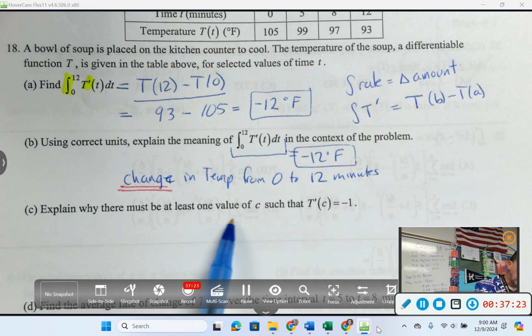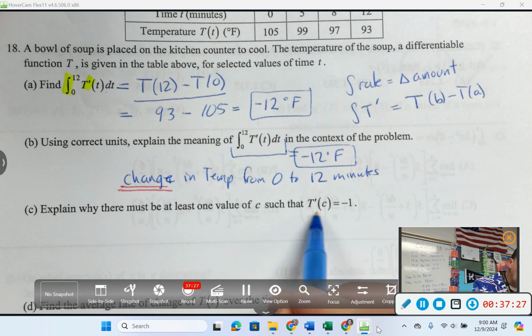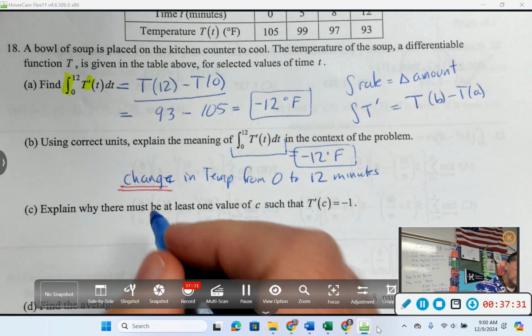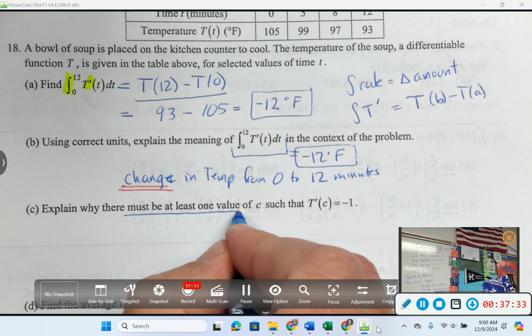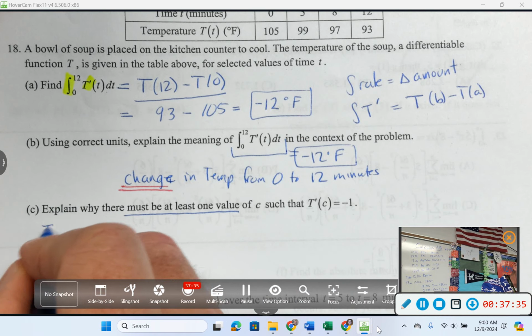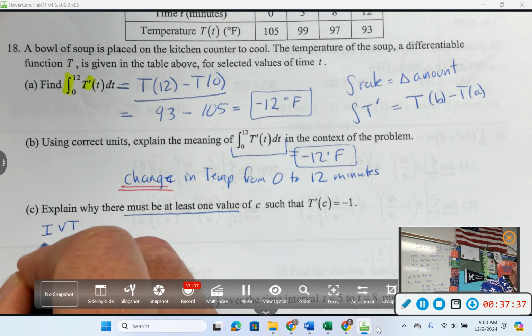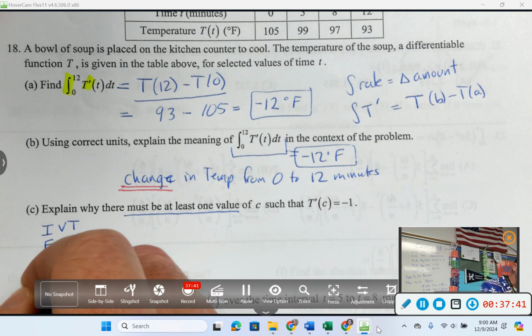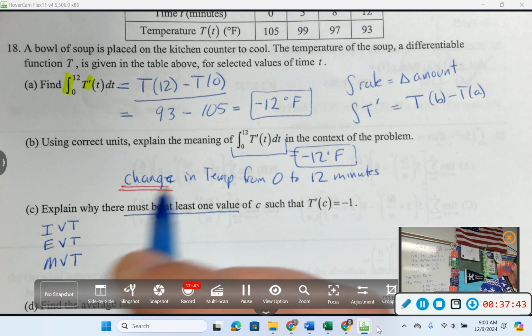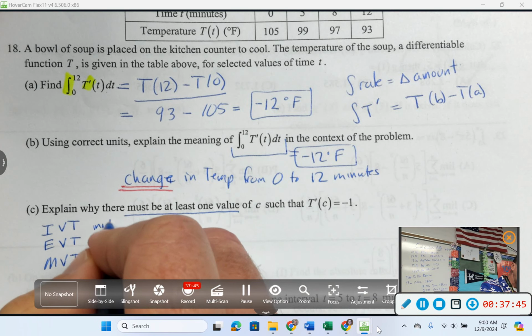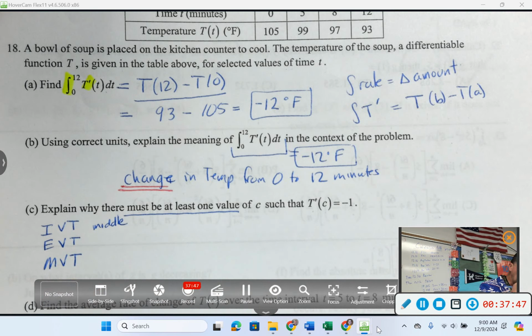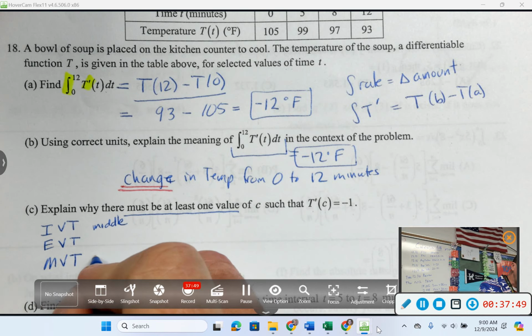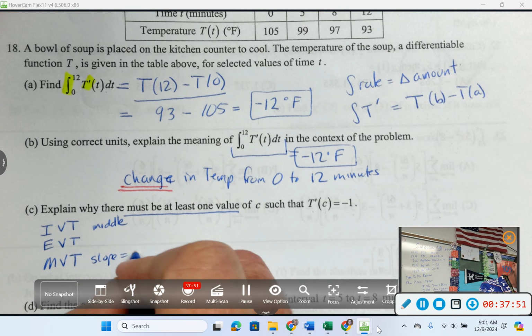Explain why there must be at least one value of C such that T prime of C equals negative 1. Must be at least one value. That means like either intermediate value theorem or extreme value theorem or mean value theorem. So there's one in the middle, or the slope equals slope.